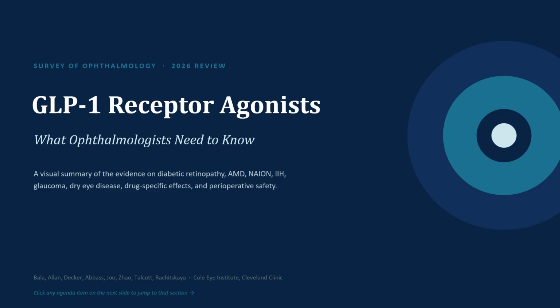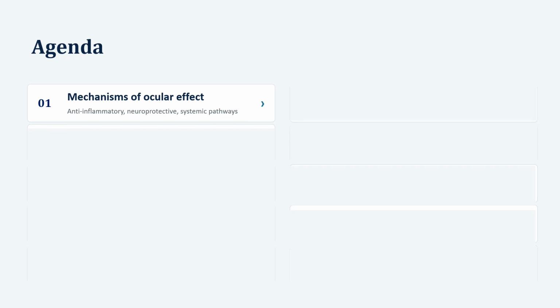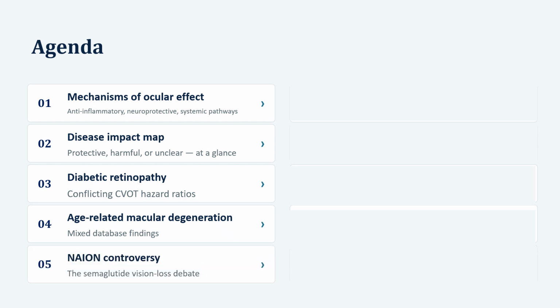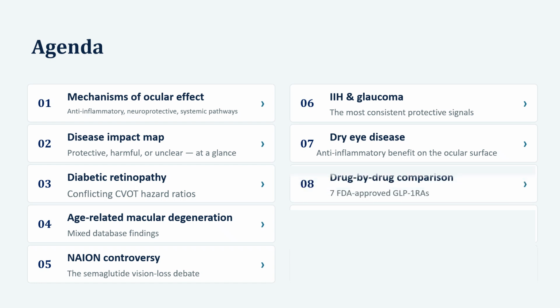This is an interesting article which I came across while I was doing research on what we have to know about these GLP-1 receptor agonists. So, in this talk, we will look at the mechanism of ocular effect of these drugs and the disease impact map, their effect on specific diseases like diabetic retinopathy, age-related macular degeneration, NAION, IIH and glaucoma, dry eye disease.